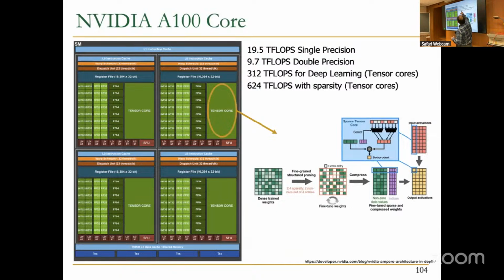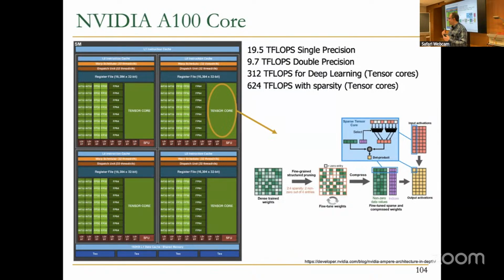For deep learning, if you have a dense matrix, this is the 312 teraflops that you can get. But if you have some sparsity, you can get double that. But in many works, they actually show that we have 90% sparse values, or 95 or 99.